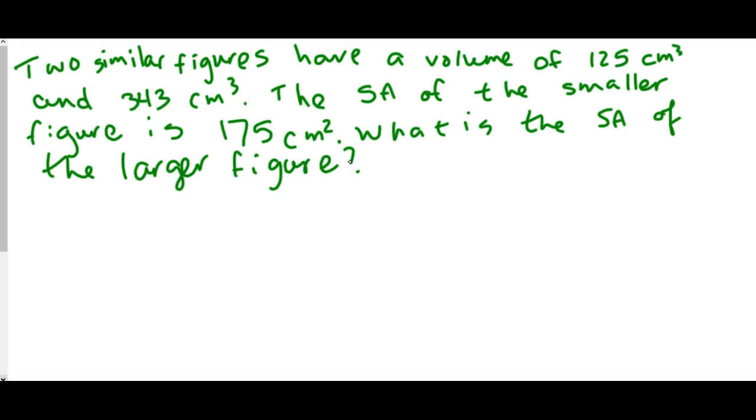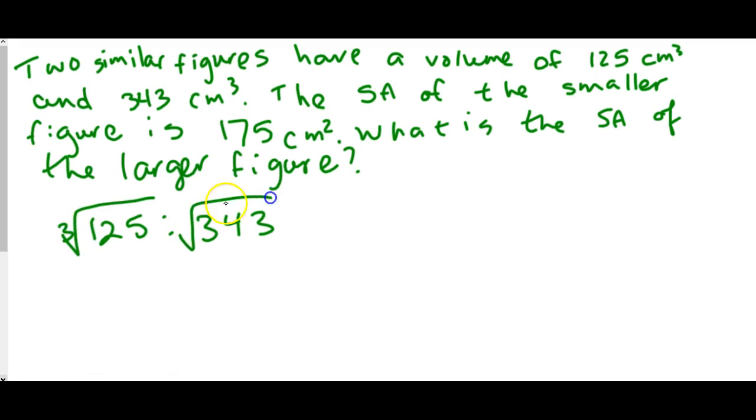Okay, so we need to take our volume ratios and change them to surface area ratios. We try to reduce, but there's nothing that divides into both of these. So we skip reducing and go on to taking the cube root. Since it was volume instead of surface area, we take the cube root.